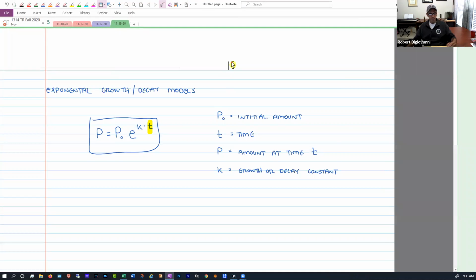Okay, so this is our exponential growth and decay model that we can use for anything that either grows or decays exponentially. The example I gave you last class was how we use this model to determine how old something is using carbon-14 dating. But I'd like to do a different example, one more like the one on your review.